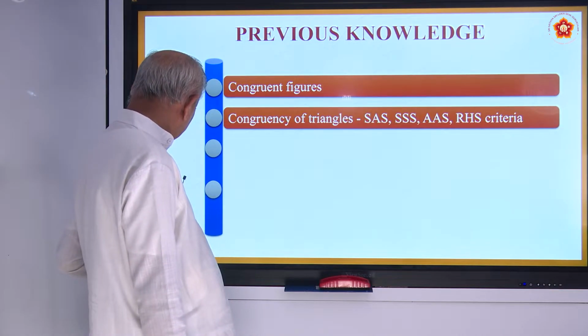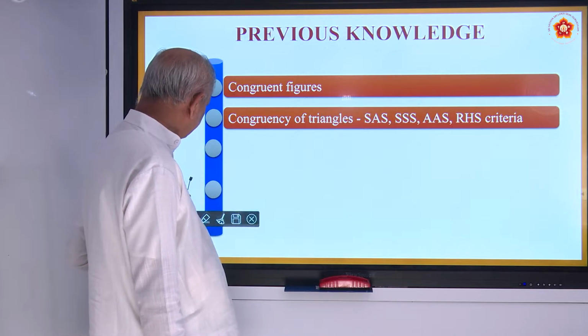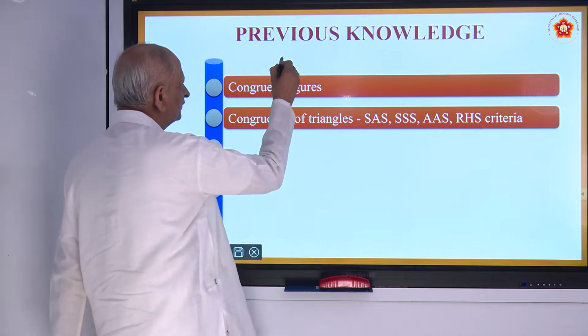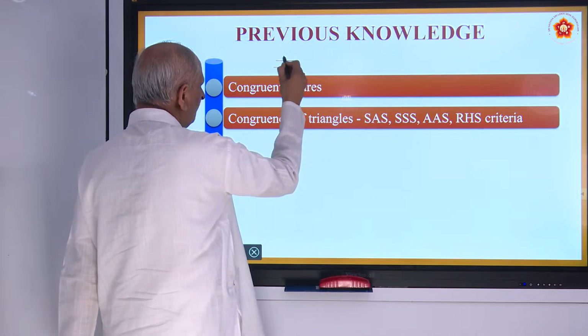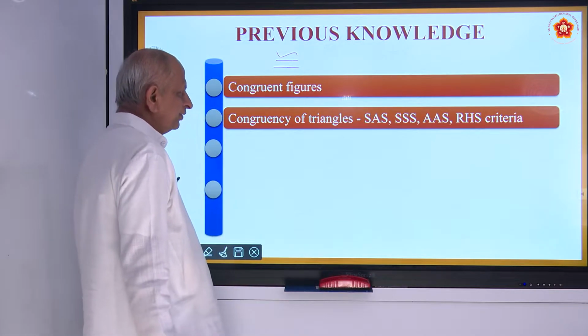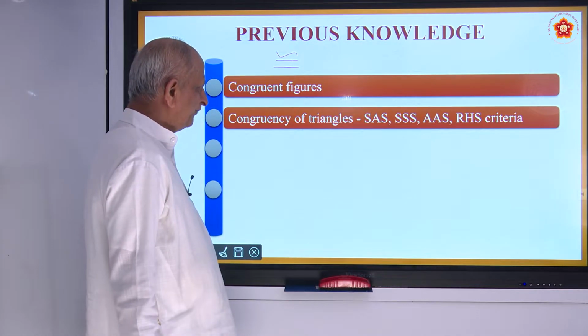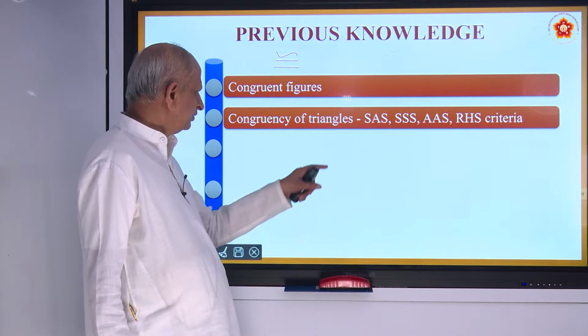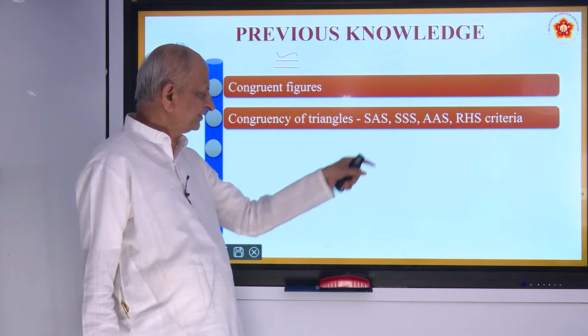What is the symbol of congruency? Symbol is two parallel lines and a sleeping S. And there are four criteria. The first one is SAS.